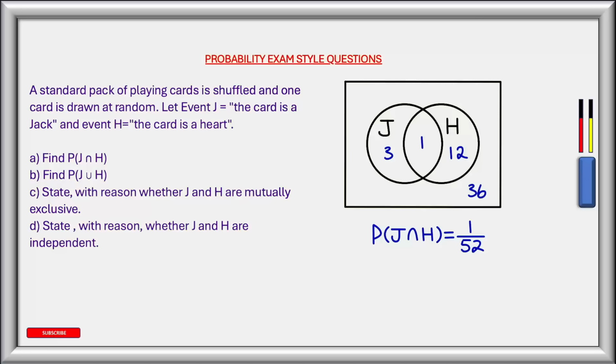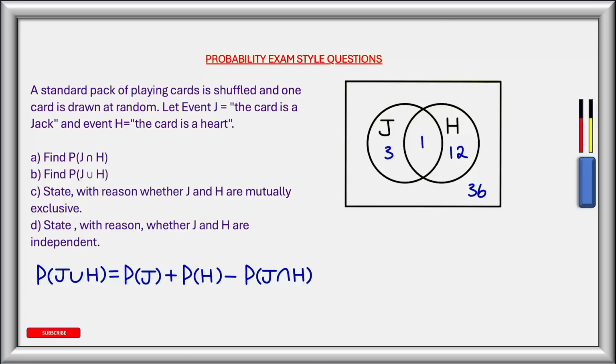We find this probability by taking the number 1 that appears in the intersection between J and H and dividing it by the total sample space. So the probability of the intersection between J and H is equal to 1 divided by 52, which is the total number of cards in the pack.